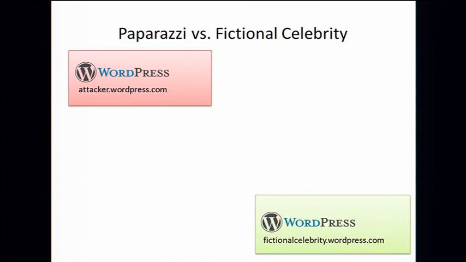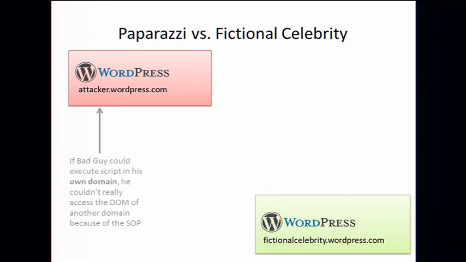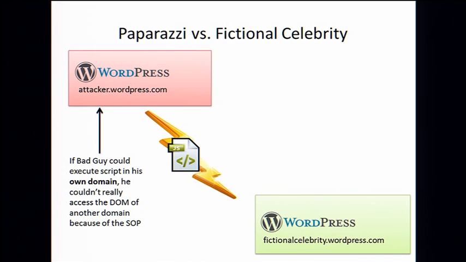So let's take a step back and look at WordPress.com. If we own attacker.wordpress.com, that's a domain we can own, and we want to attack fictionalcelebrity.wordpress.com. So let's make an assumption here that we can execute script in our own domain, so we can execute script in attacker.wordpress.com.